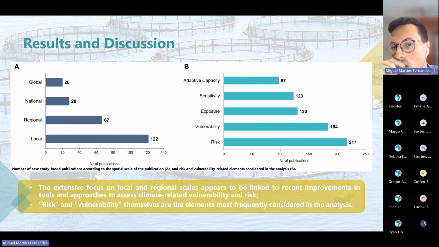So that's why they are not so referred. And also adaptive capacity, which can be alarming because it's very important, because adaptive capacity is part also of the response to risk. So it's something that we also need to take into consideration.